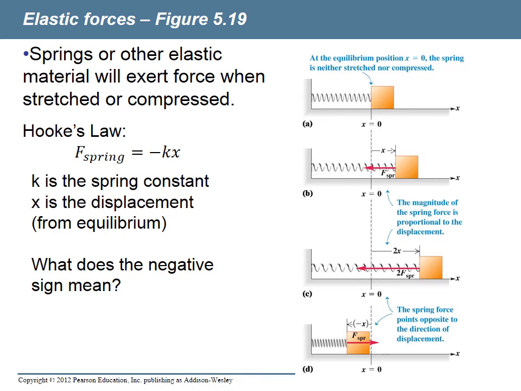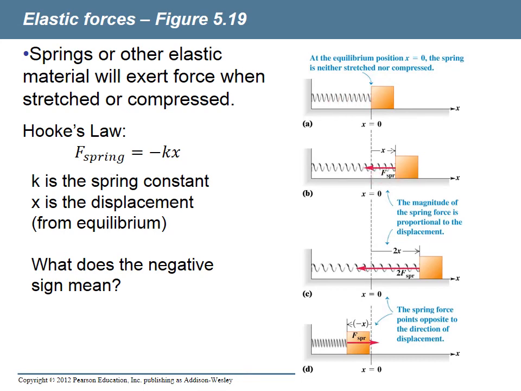So the negative, well, let's run through the pictures to figure out what that negative means. If I have a block here and x is equal to 0, and this spring is in equilibrium, it's not being stretched out, it's not being compressed, it's sitting there in its natural state, then there would be no force that the spring exerts on the object, right? They can just sit here together in equilibrium and be fine.